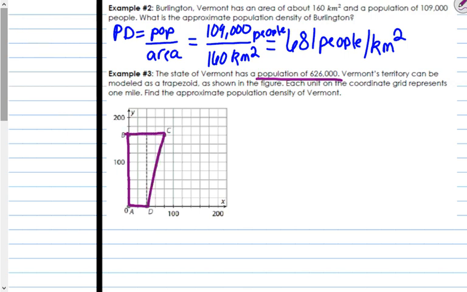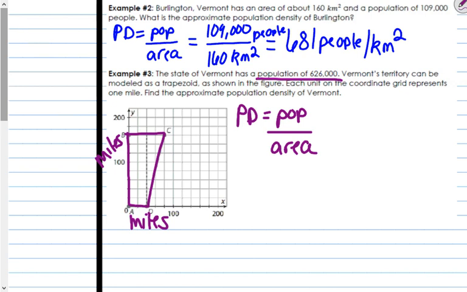Each unit on the coordinate grid represents 1 mile, so technically these are miles. And they want to find the approximate population density of Vermont. So population density, again, is the population divided by the area.